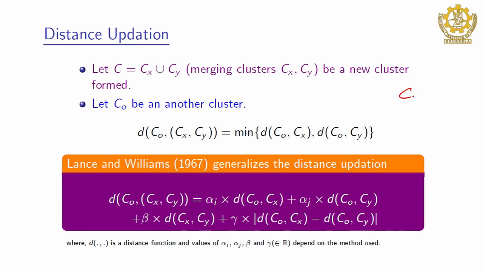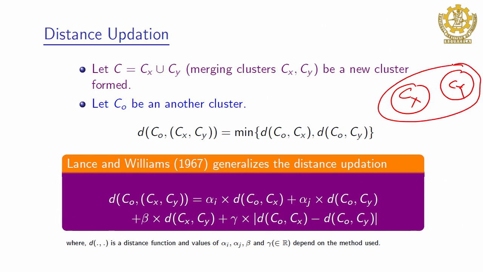So, let us say what was the problem? The problem was you have the cluster C x and you have another cluster C y and you have to merge these 2 clusters, because these 2 clusters happen to be close to each other. It is not that another cluster was not there. So, this is, let us say, C 0. This cluster does not take part in any merging process, but you have to compute the distance from C 0 to the merged clusters.